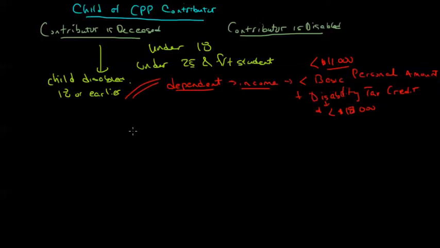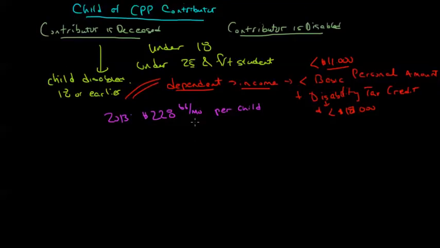So then the benefit amount here is going to be, as of 2013, currently $228.66 per month per eligible child. So you die and leave behind two children, you would leave behind a benefit of $228.66 per month for each.